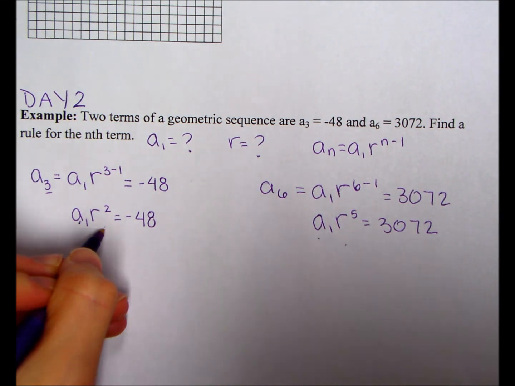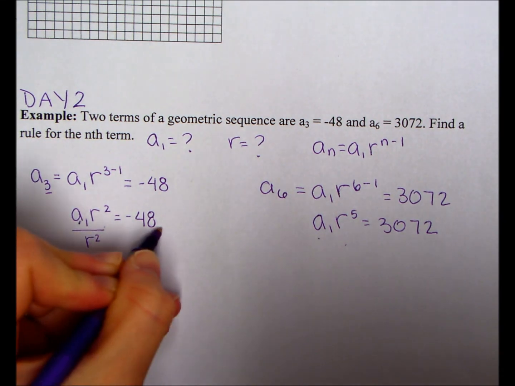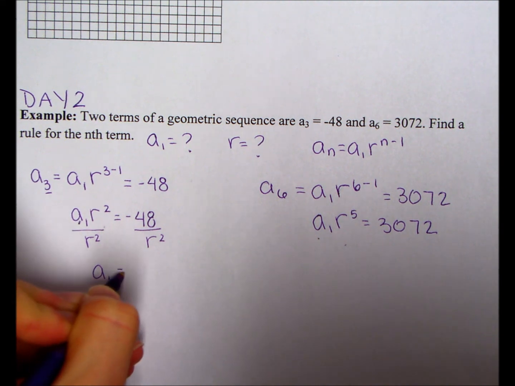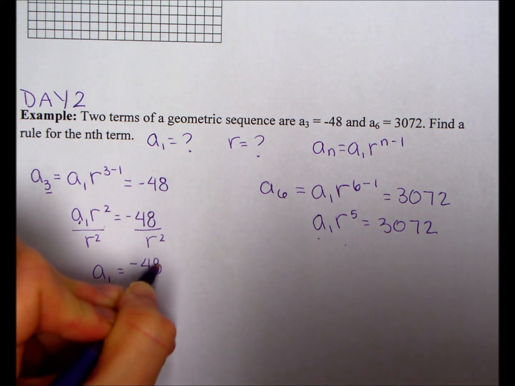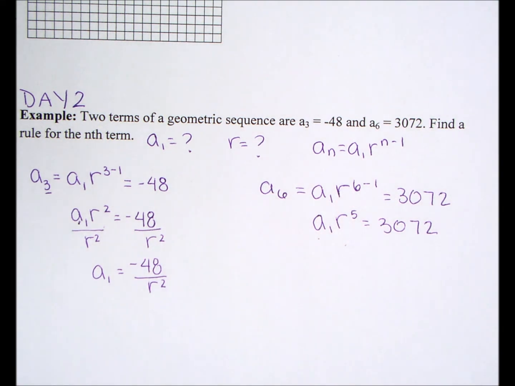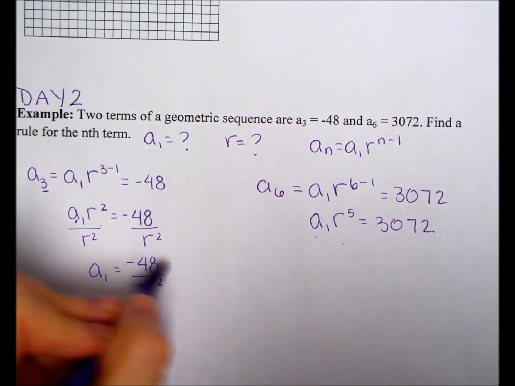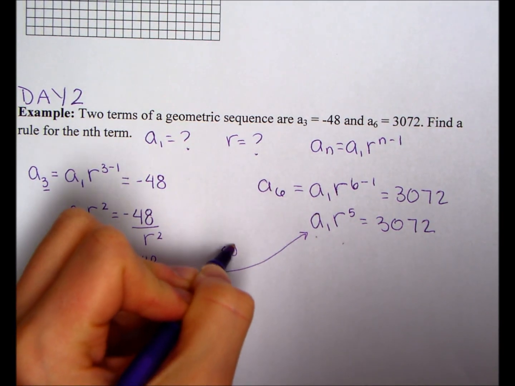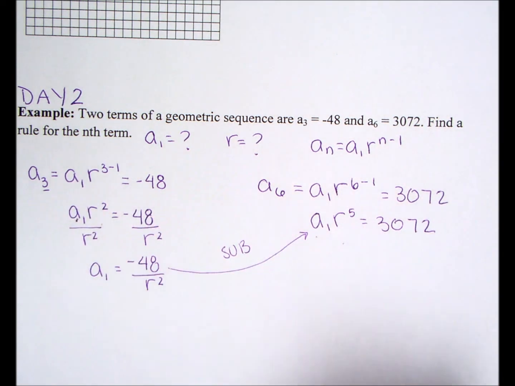So I'm going to divide this one by r squared. So a sub 1 is equal to negative 48 over r squared. Now, that's for that equation. That is a little bit helpful, because what this does is it gives me a substitution to put into this equation.